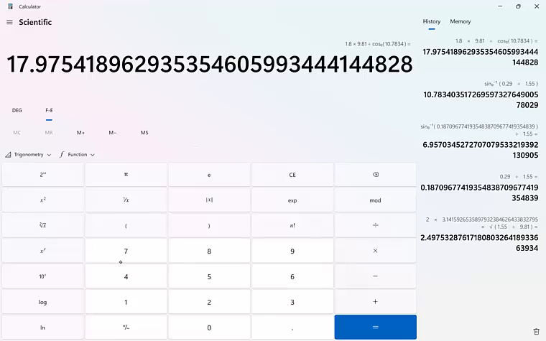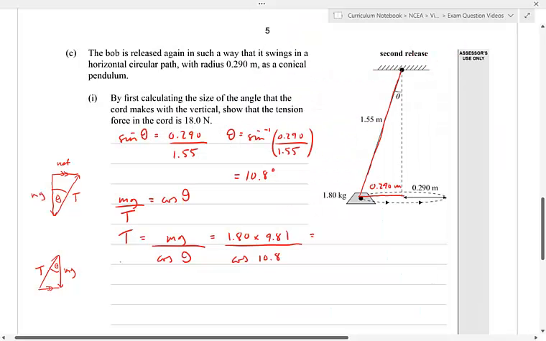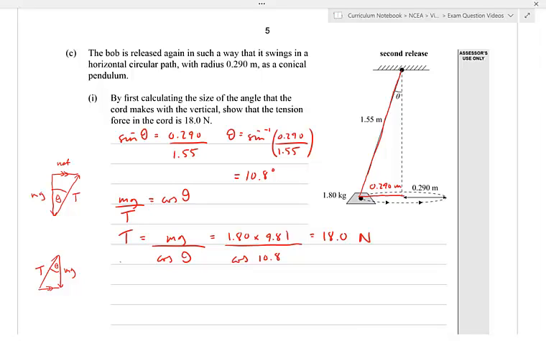And that's equal to 17.97 newtons, 17.98 newtons, or 18.0 newtons, we should really say.